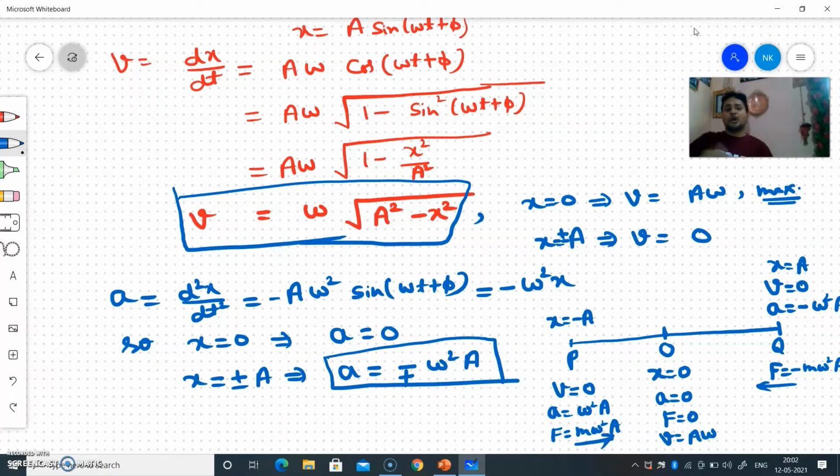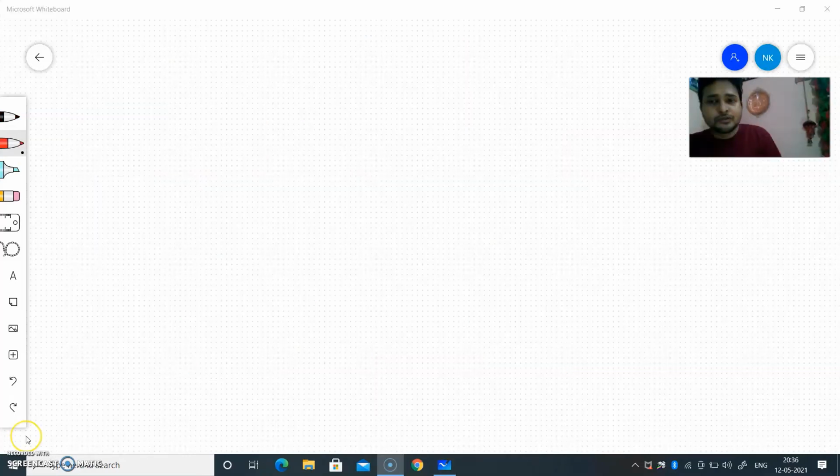One can plot all these and get the expressions for velocity, acceleration and force. Now let's find the expression for total energy for harmonic oscillation.